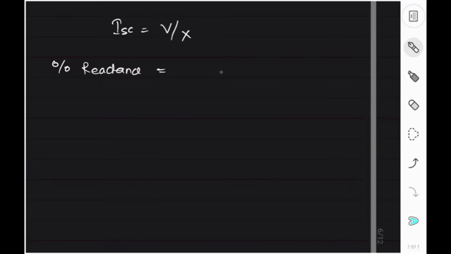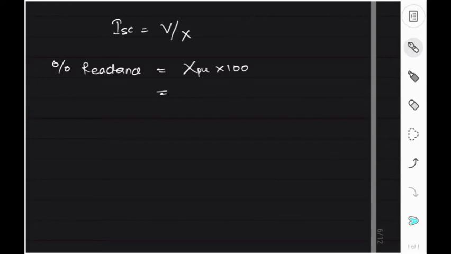Percentage reactance is 100 into X per unit. Okay, X per unit into 100.